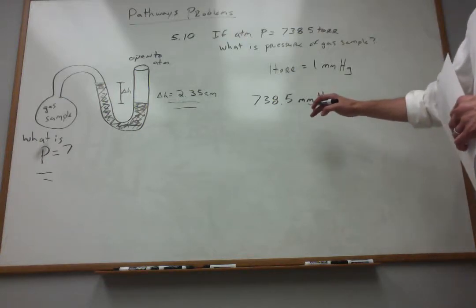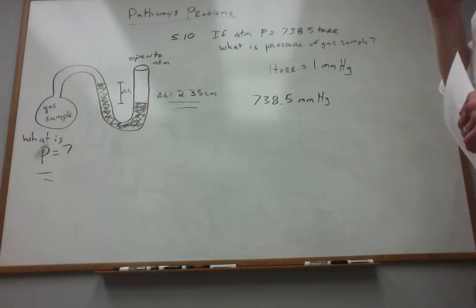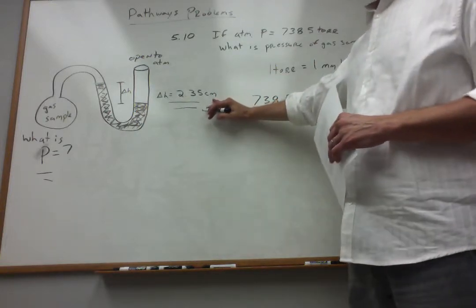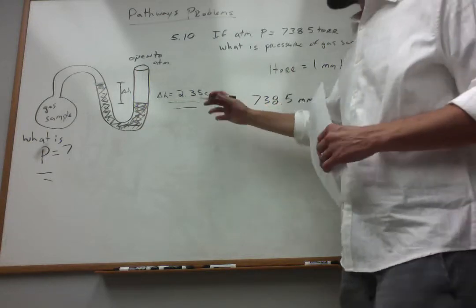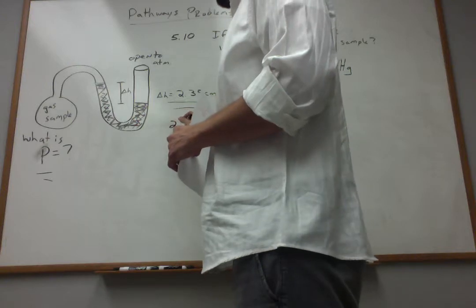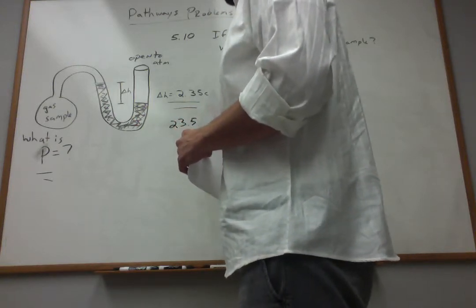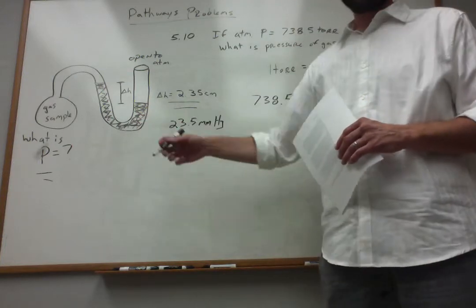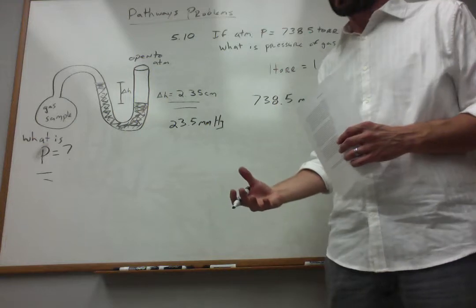I did this quick unit conversion, and that's crucial, because note that this fluid level difference is a distance. I can convert this to millimeters, and if I did so, it would be 23.5 millimeters. And it's not millimeters of anything. Remember I said I filled this up with mercury? So the fluid level difference is 23.5 millimeters of mercury, in fact.